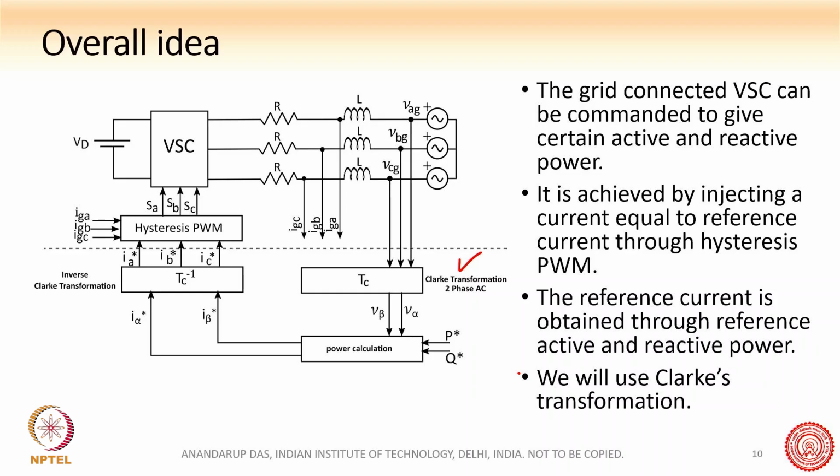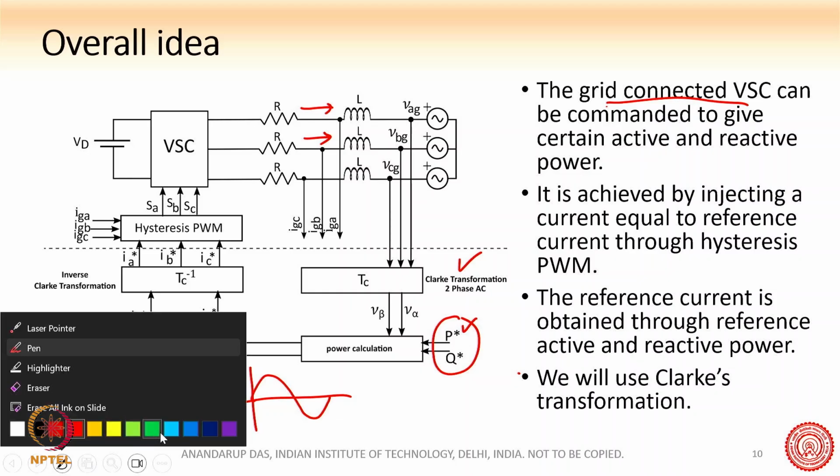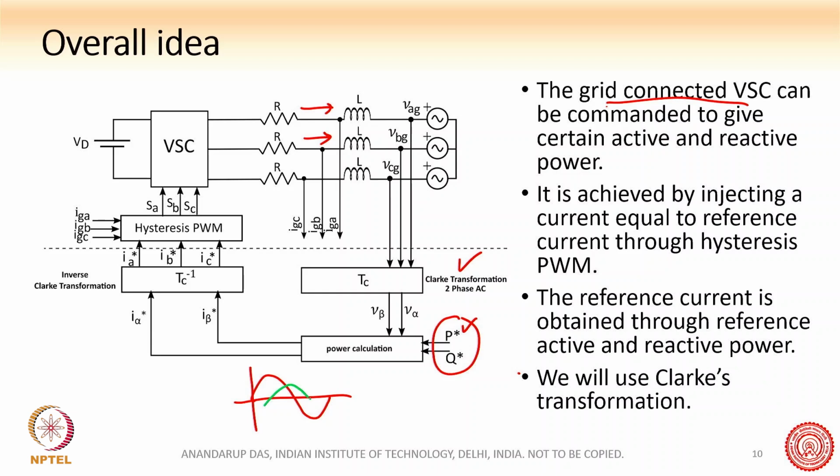So how do we do this? The grid connected VSC, as we know, can be commanded to give a certain active and reactive power, P star and Q star. This corresponds to a certain value of the grid current, IGA. So for example, with respect to the voltage, I can ask for the IGA and IGB.